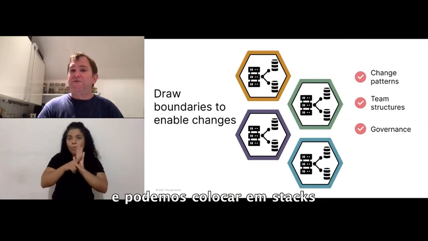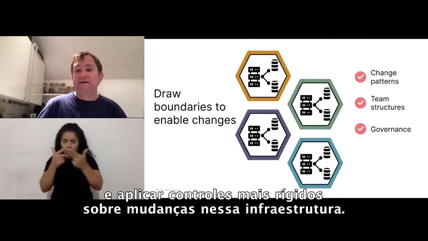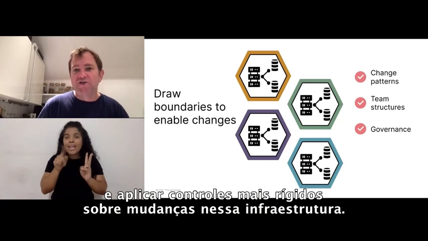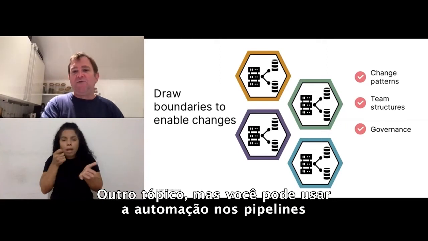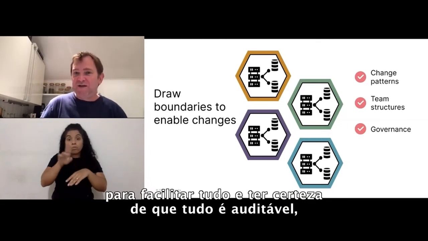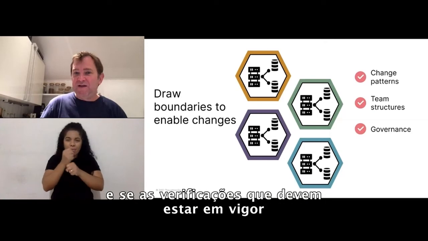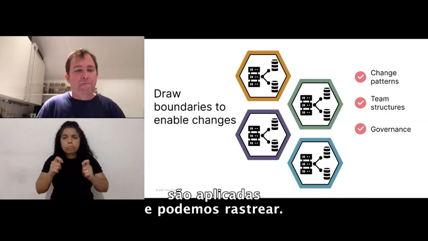And we can put those into a stack or a couple of stacks, and we can apply tighter controls over changes to that infrastructure. Another whole topic, but we can use the automation in the pipelines to make that very easy to do, and very easy to make sure that everything is auditable and that the checks that must be in place are enforced, and we can track that.